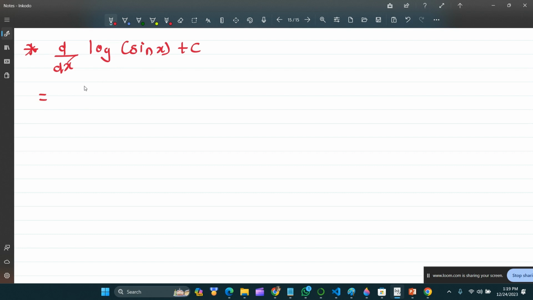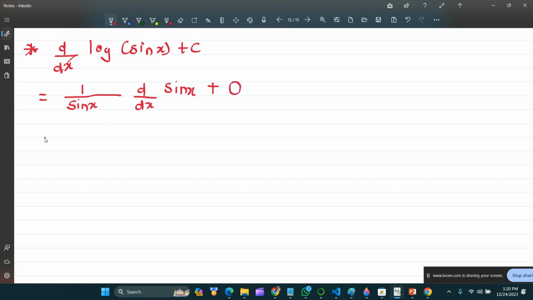By using chain rule, derivative of log of sin x is 1 upon sin x, the first function, into derivative of second function, and the second function over here is sin x, plus c. C is constant and derivative of constant is 0.